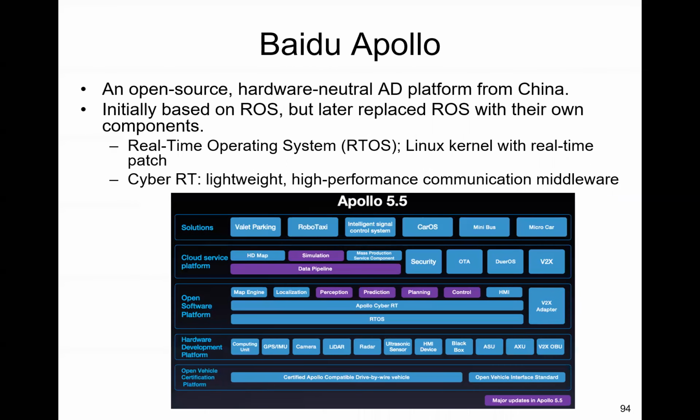Baidu Apollo is an open source, hardware-neutral AD platform from China. It was initially based on ROS, but later they replaced ROS with their own components. The operating system is a Linux kernel with real-time patch, and CyberRT is the lightweight, high-performance communication middleware, this part here.